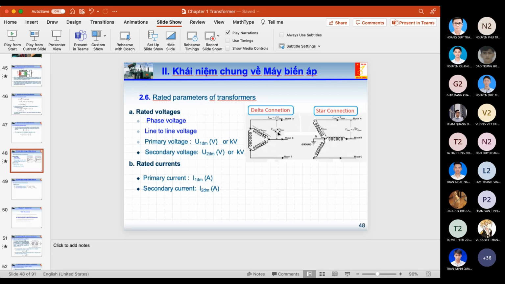Have a look at this one. We are talking about the delta connection of the winding of the transformer. If you want to take the phase voltage, how to do? You know?